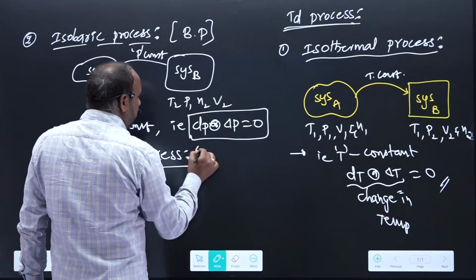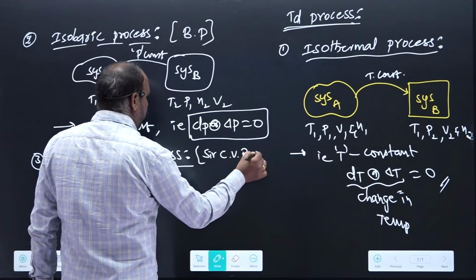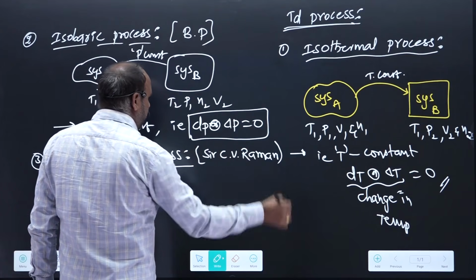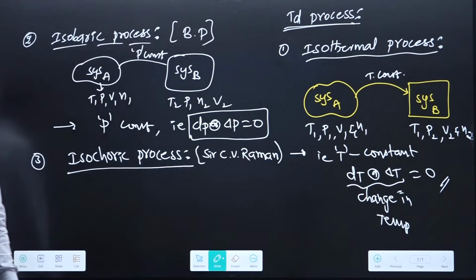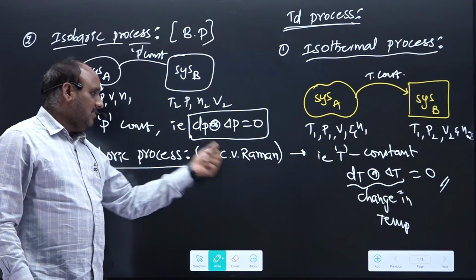So remember Sir C.V. Raman, who invented the scattering of light, the Raman effect. He got the Nobel Prize for that experiment. Remember C.V.